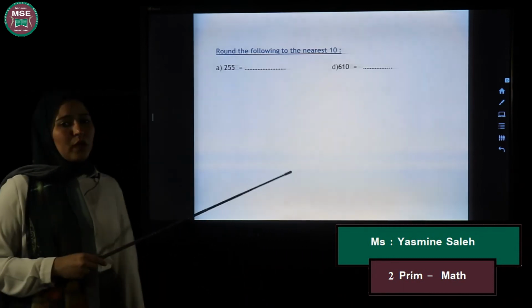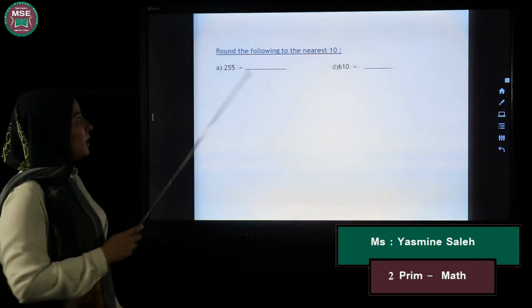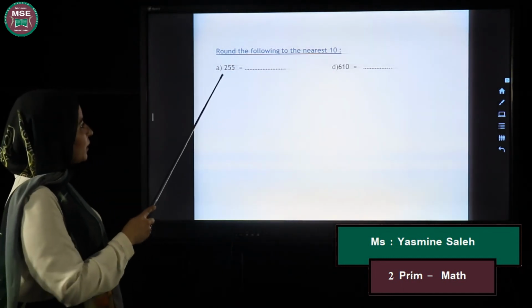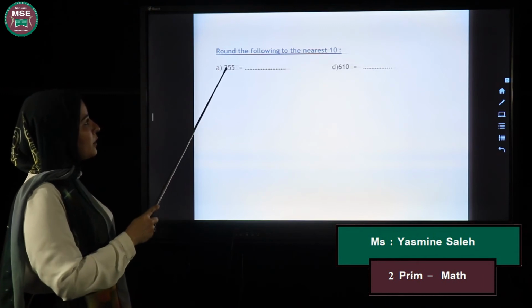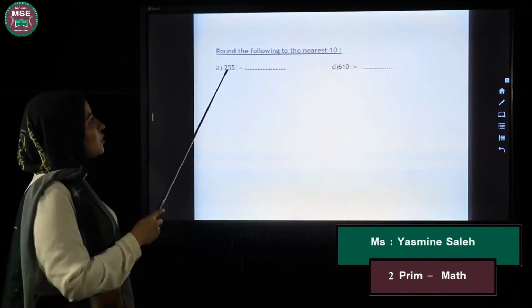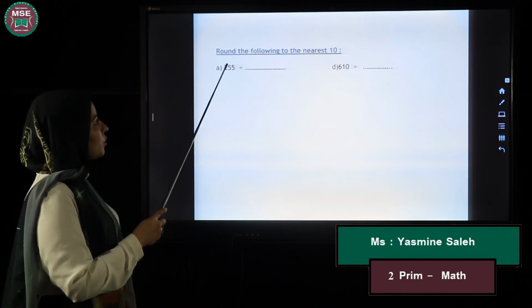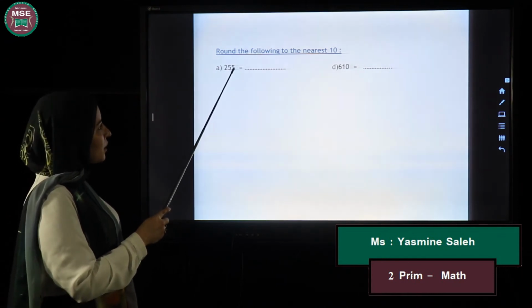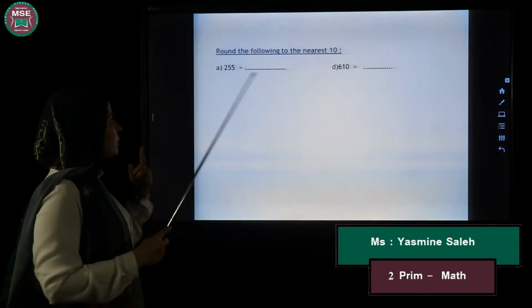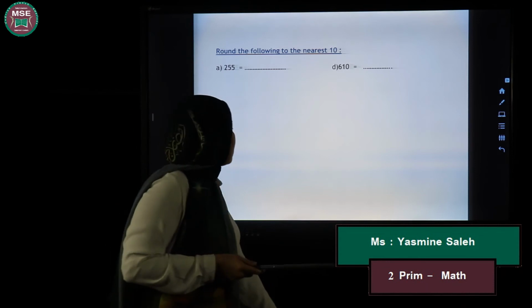Okay, now we want to round to the nearest 10. I have 255. Okay, where is my tens? My tens is the 5. I will look at its neighbor. If it is 5 or more, I will add 1 for the tens. So the neighbor, the unit, is 5, so the tens will be added 1 more. So it will be 260.